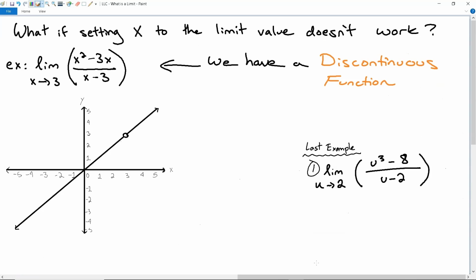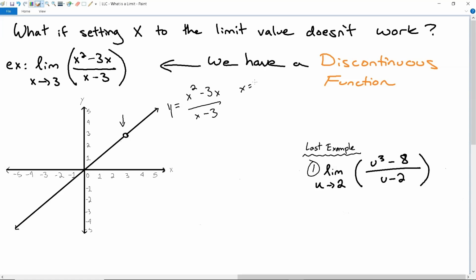So this is an example of a discontinuous function, just like the piecewise function we were working with before. And you may notice we have a bit of a gap right in the middle here. And that has to do with the equation. So I have an equation for the line here.